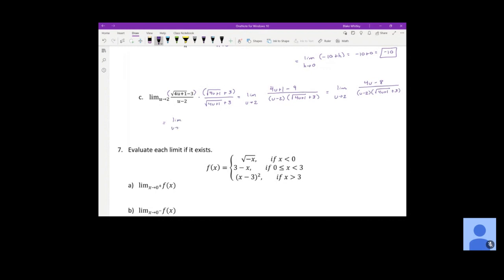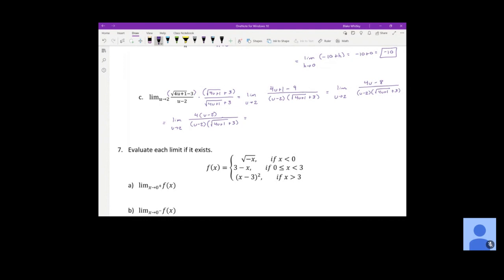So limit u approaches 2. We have 4 times u minus 2. And then down here we have u minus 2 times the square root of 4u plus 1 plus the 3. Okay. Now what can we do? Good.